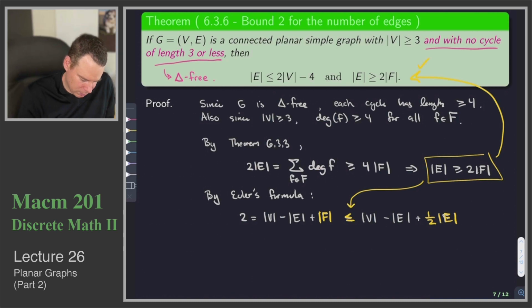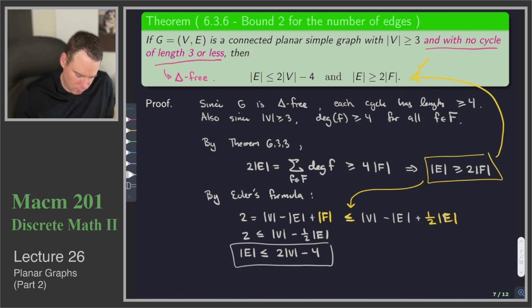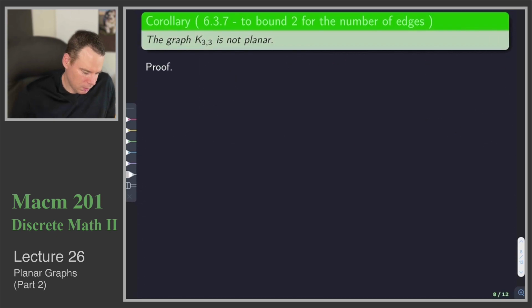So let's simplify this a little bit. I get 2 is less than or equal to V minus 1/2 E. We're bringing E over to the other side. I get E is less than or equal to 2V minus 4. And so there is our inequality we want. So that tells us that for triangle-free connected planar graphs, the number of edges cannot exceed 2V minus 4. Let's see what that tells us in this case.